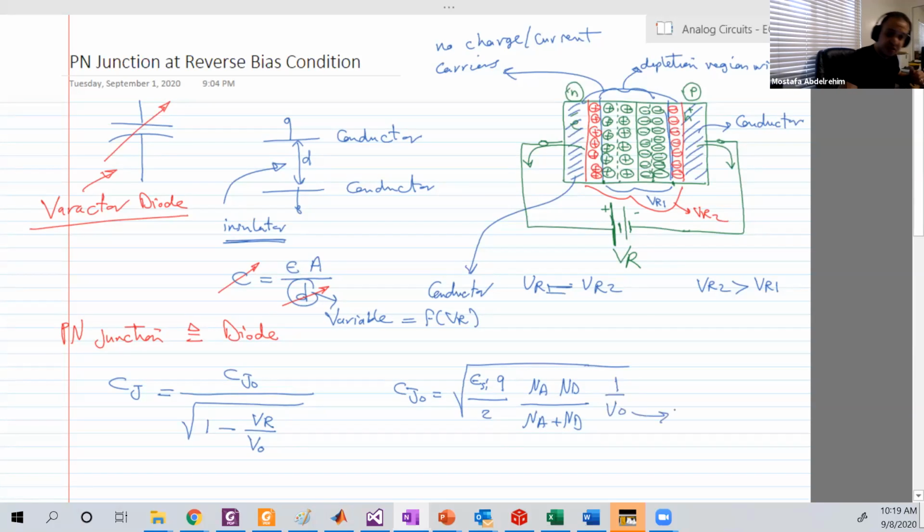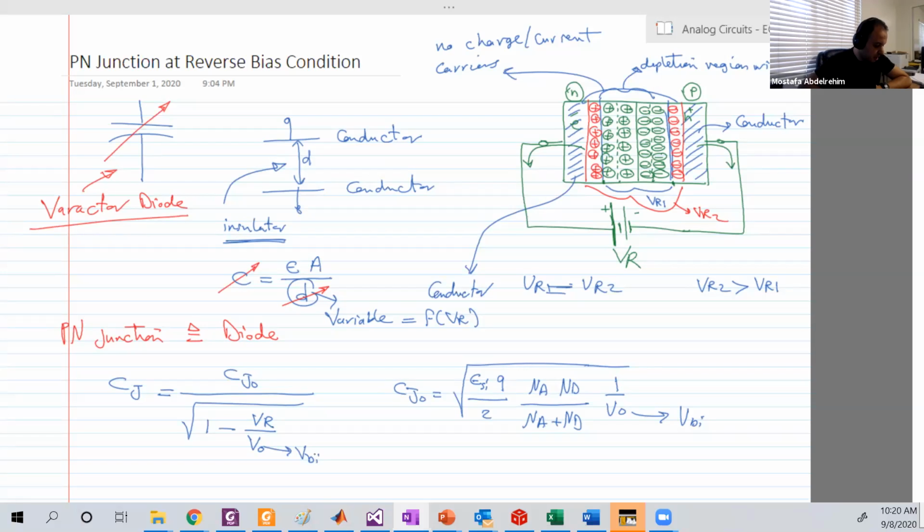And what's V0? This is the built-in potential that we took last time, VBI. VBI has many symbols. Some call it V0, like in the book. Others call it the built-in potential, VBI. I usually call it VBI, so I will exchange between the two, but V0 is VBI. And we took last time that it's between 600 millivolts and 700 millivolts.